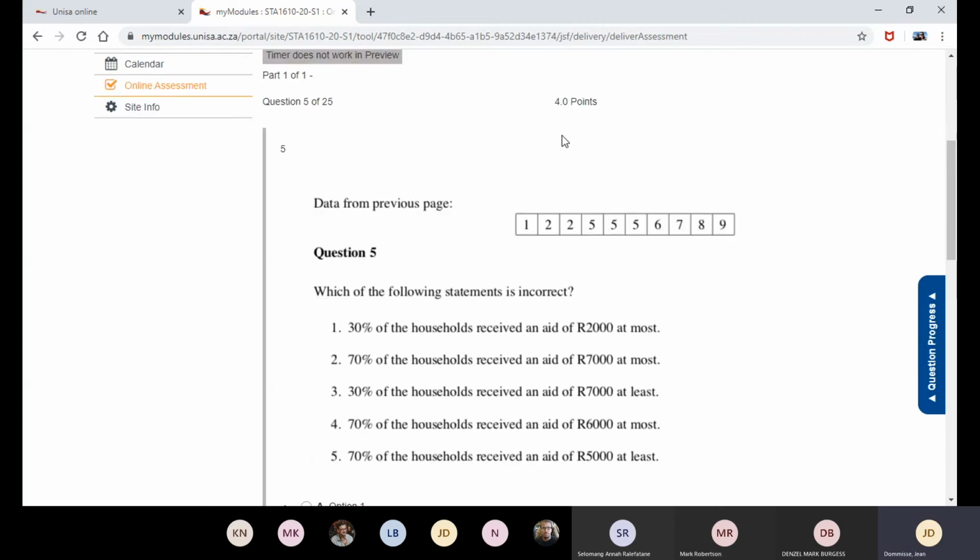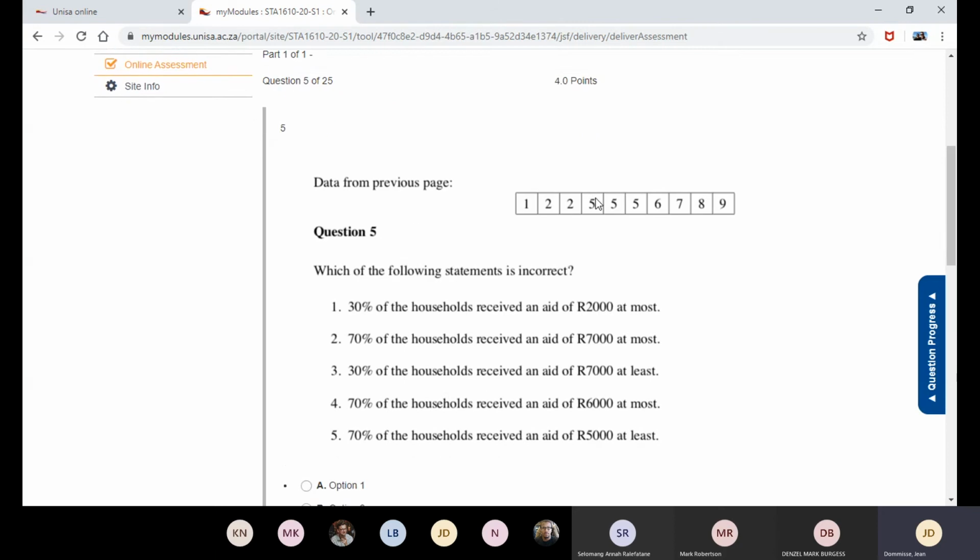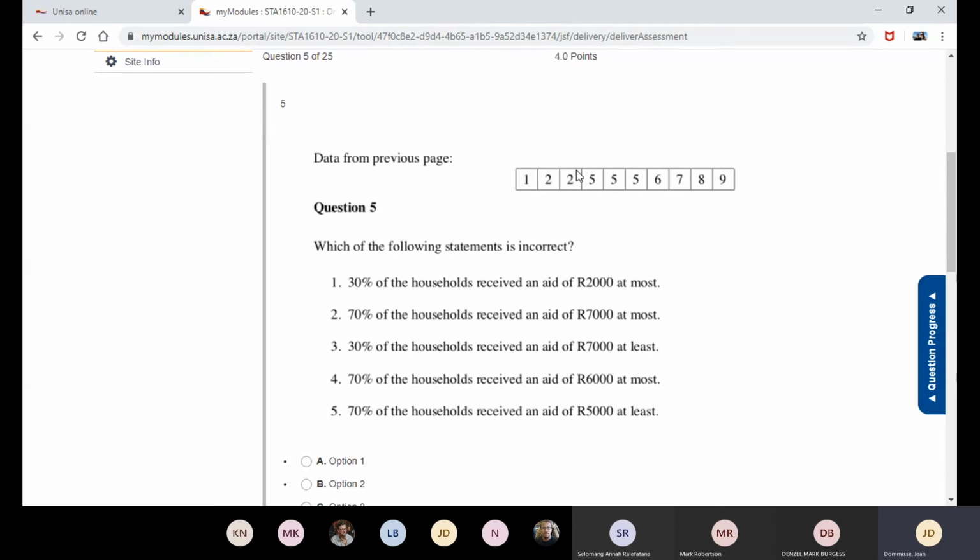Obviously this amount is in thousands. So no more than 2,000. It is those three numbers, so 3 divided by 10 gives you the 30.